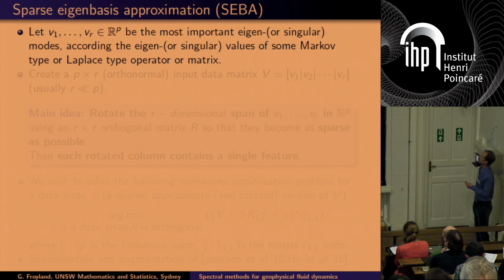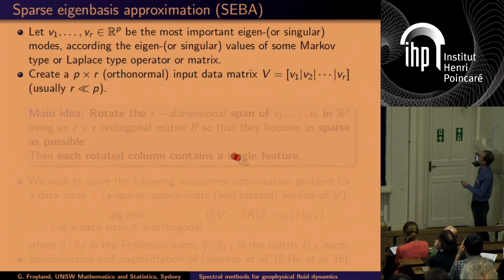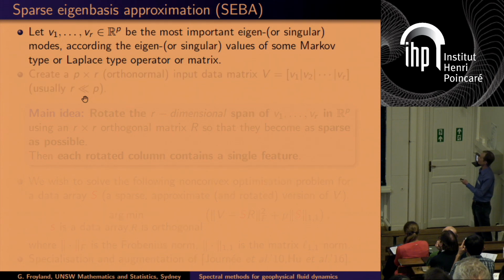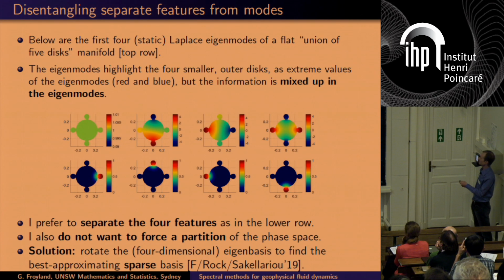Okay, so here's a sketch of how this goes. We call this sparse eigenbasis approximation, or SEBA. So let's say you have R of these vectors. You stack them up in an array as columns. Usually R is much less than P. So in my example here, R is 4, and P is, I think, 10,000. P is the number of pixels you have, say.